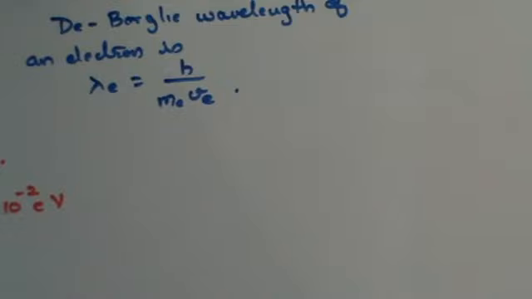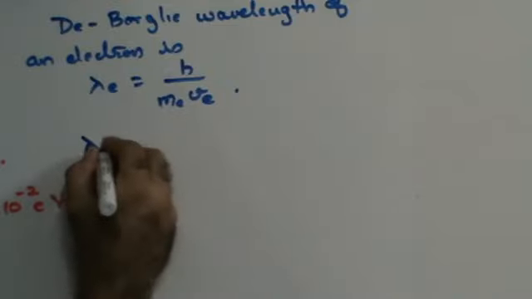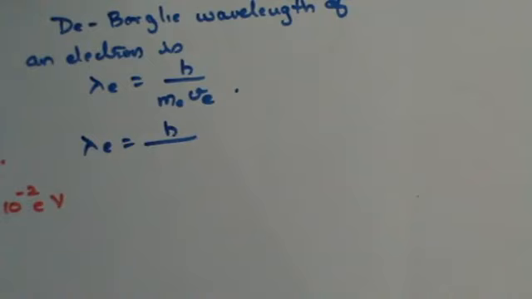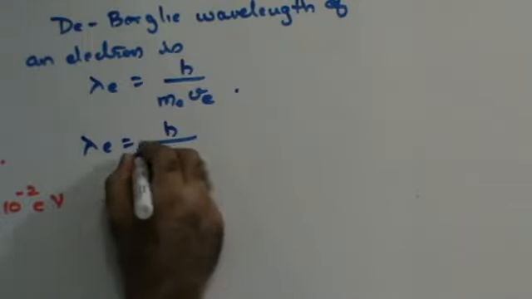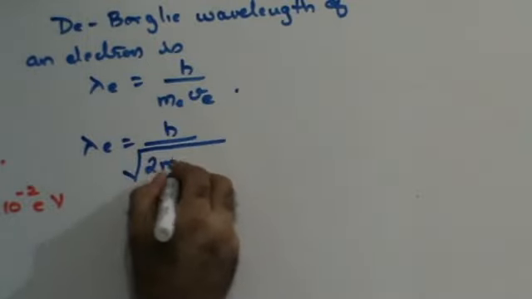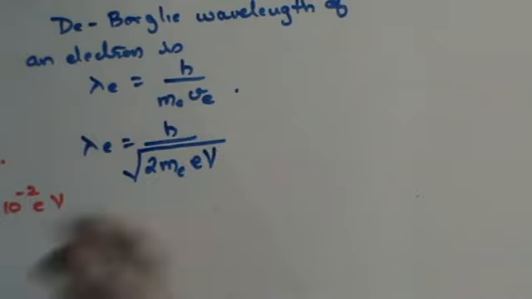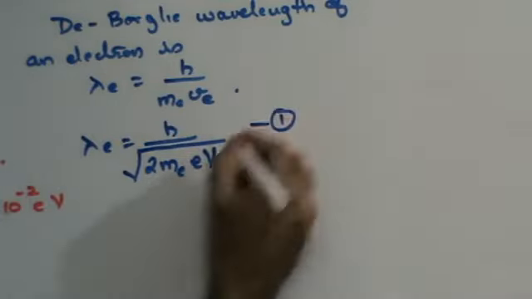Now in that case I can say lambda E is h upon mass of the electron into velocity of the electron, we have found out is nothing but square root of twice mass of the electron, charge on the electron into potential difference. Let's call this equation 1.